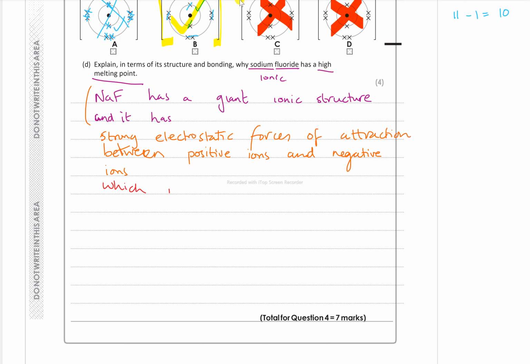Which require lots of thermal energy to break or overcome. That'll do it. There you go.